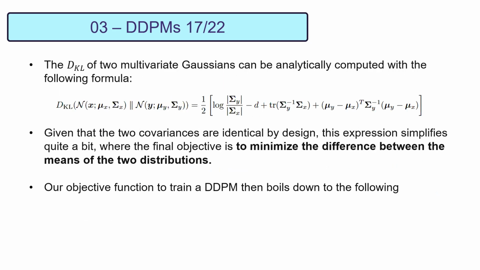Okay, so if we just take this knowledge and do a little bit more calculations, I promise it's going to be finished in 10 minutes. This is the formula to calculate the closed form of the Kullback-Leibler divergence between two Gaussians. So now the beautiful thing is that given that the two variances are equal, so this is mu of the ground truth q, this is mu of p theta, this is just the formula from Wikipedia, but these two are equal.